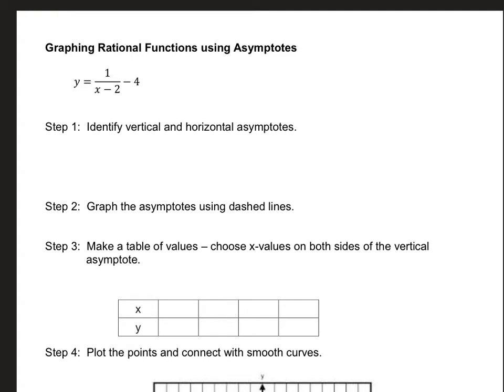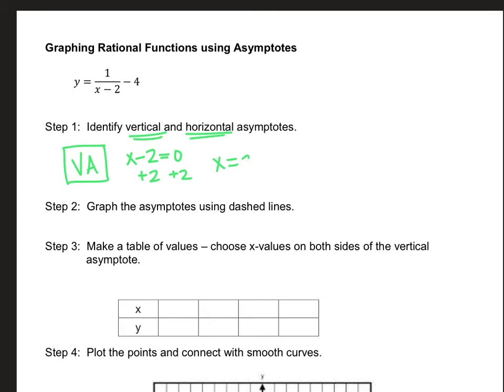Anyway, all right, so graphing rational functions using our asymptotes. We actually really like the asymptotes. They help us with our graphing. So step 1, identify vertical and horizontal asymptotes. So for the vertical asymptote, we set your denominator, x minus 2, equal to 0, and solve. Add 2 to both sides.